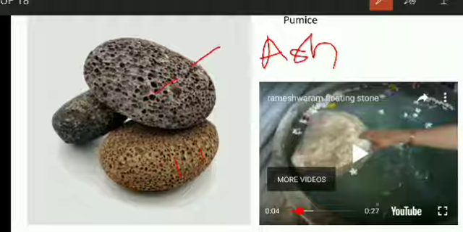Why does it float? Because it has a porous structure and it is very lightweight, and that is the reason it floats on the water. So it is made up of volcanic ash. So these are all the important igneous rocks.